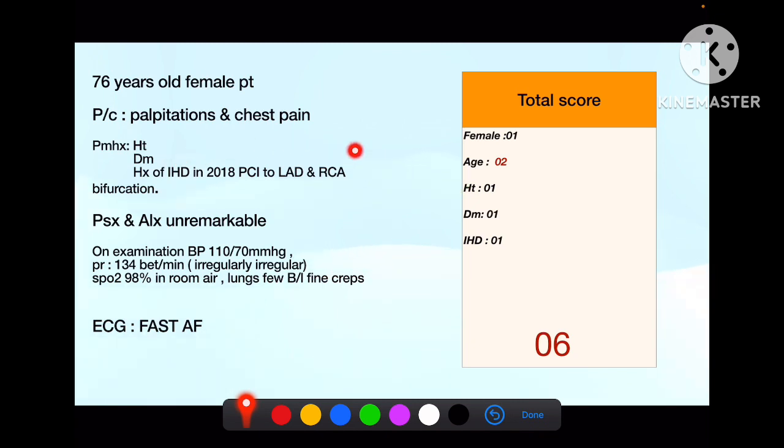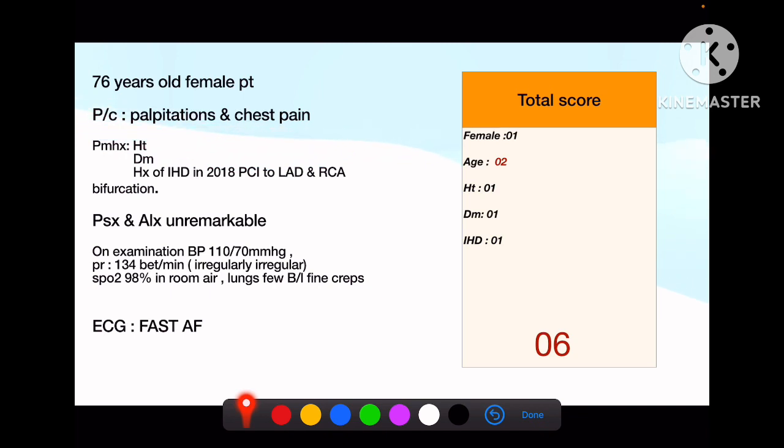For the DM, you have to allocate another 1 point. History of ischemic heart disease is there, so you allocate another 1 point. Totally 6 points you can give this patient. So she is definitely a candidate for starting the anticoagulant, as I told you previously, right?